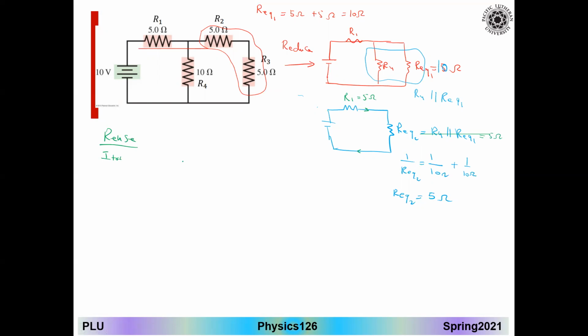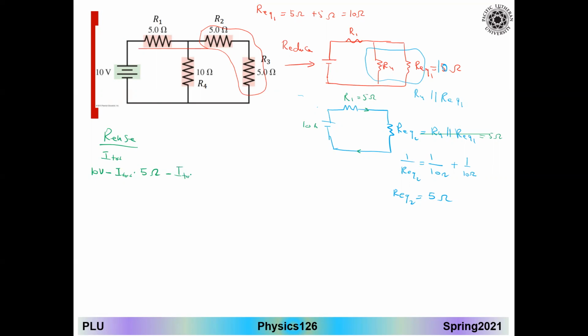So I have now my 2 resistors like that. Okay, so I need to find the I total. What I have to do is apply the Kirchhoff voltage law in this loop. I need to write down first plus 10 volts minus I total times R1, R1 is 5 ohms, minus the same current goes through the R equivalent 2.